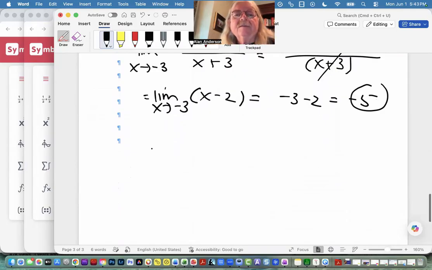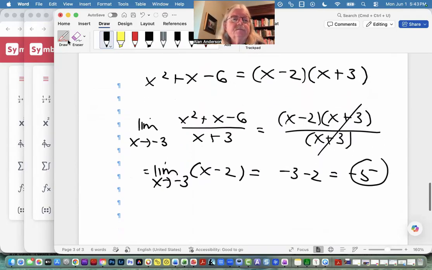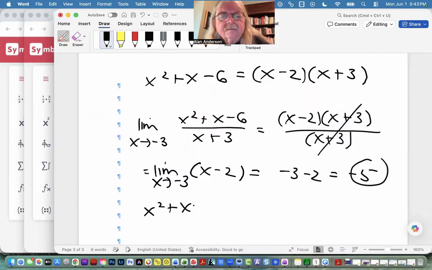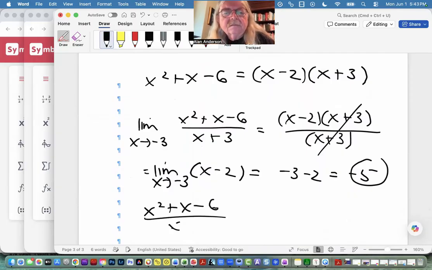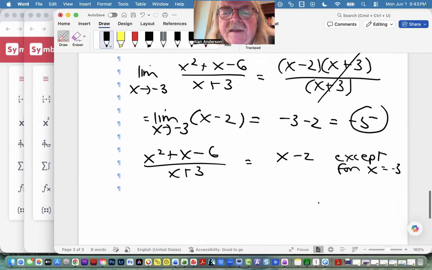Okay, so once again, because we know that these two are the same, except when x equals -3, they must have the same limit at x equals -3.